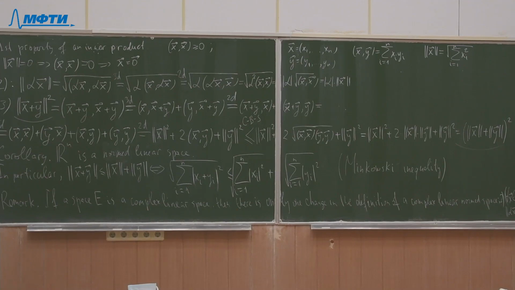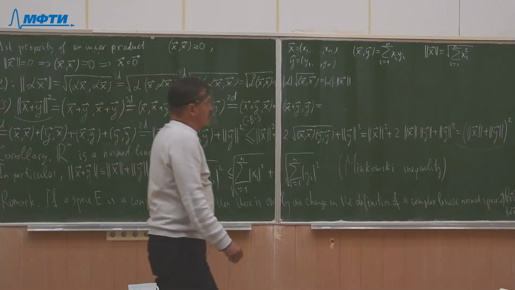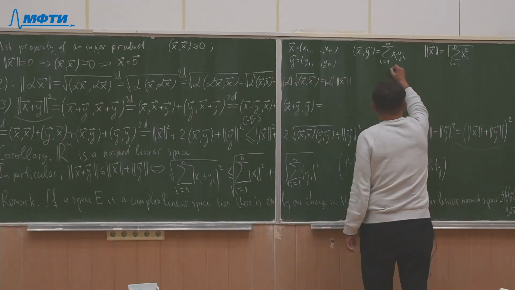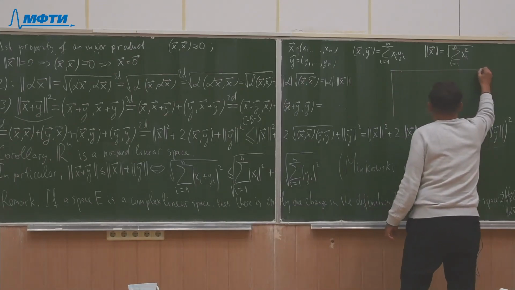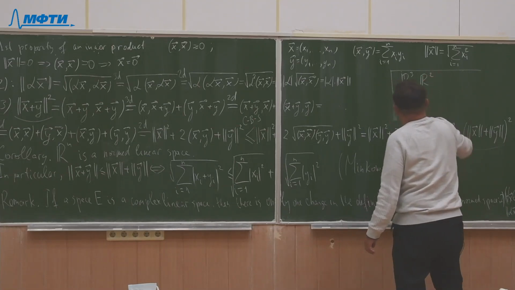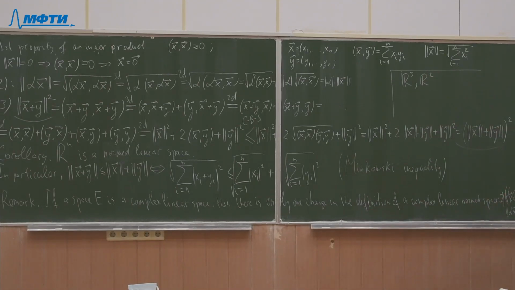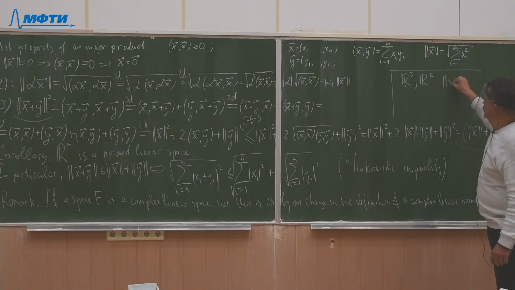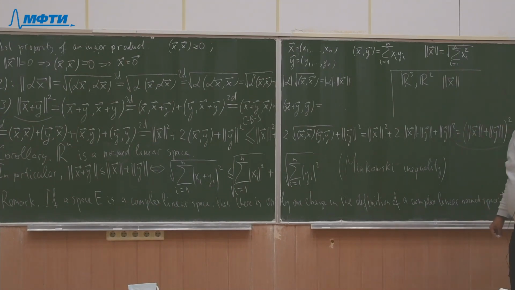Okay, that is about Minkowski inequality. And last remark is about R2 and R3. What happens then? So norm of x, what is it? You know vectors on plane and in the space, right? Length of vector, right?